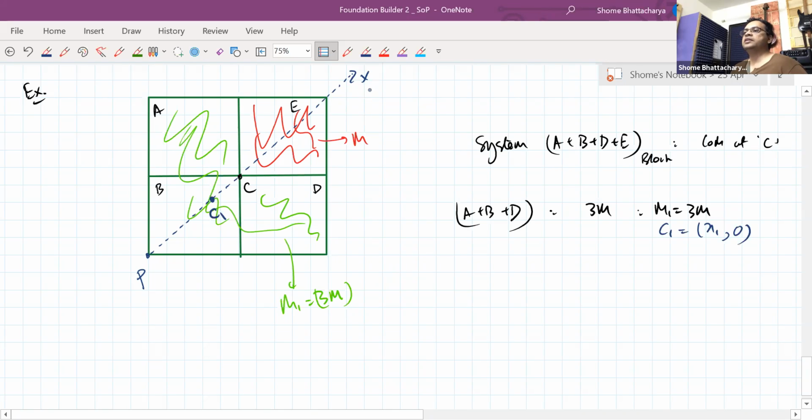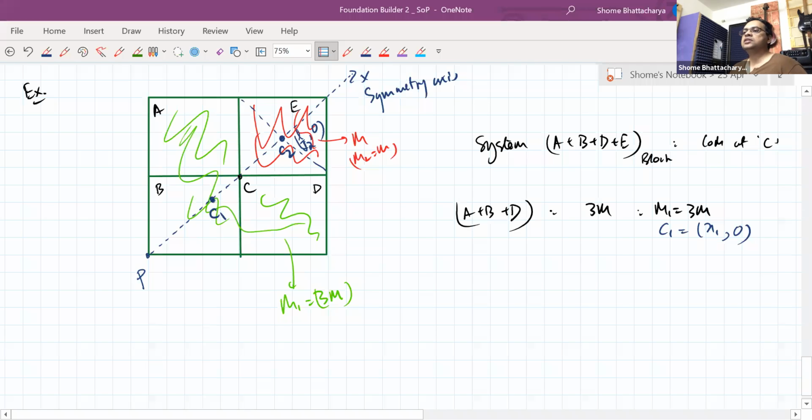This is a symmetry axis. And now this part, this is the mass M2, let's say. M2 is equal to m. Where is its center of mass located? Its center of mass is located right over here. This is where C2 is located, and with respect to this, C2 is at half the diagonal. So half the diagonal will be L by root 2, comma 0.